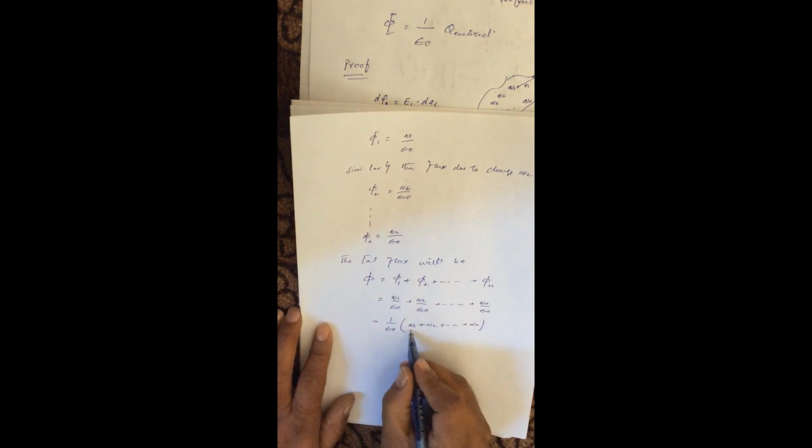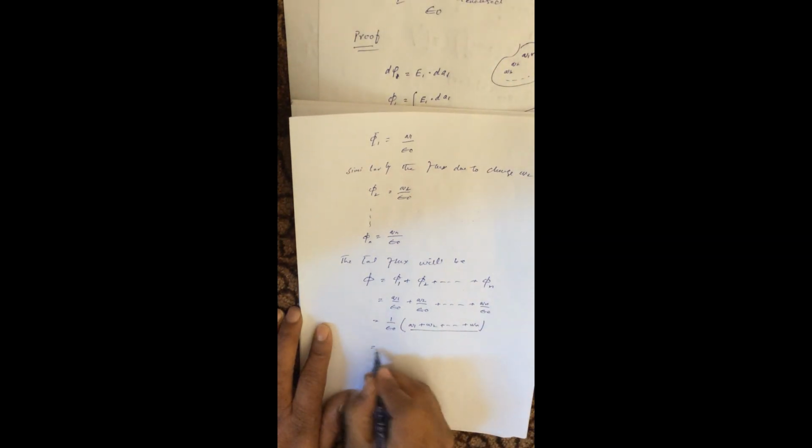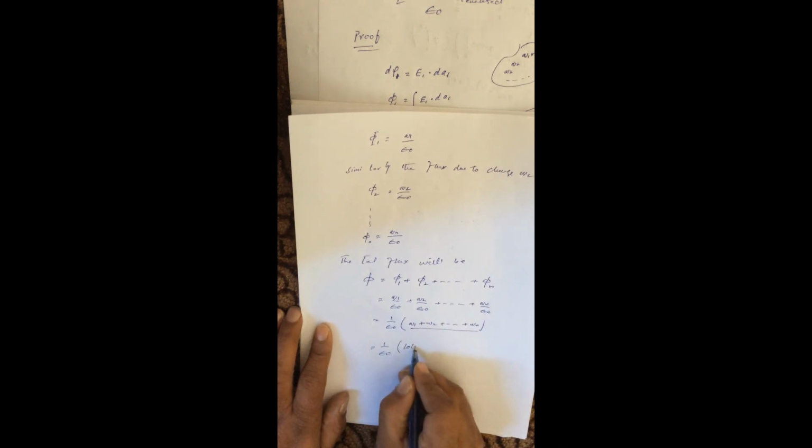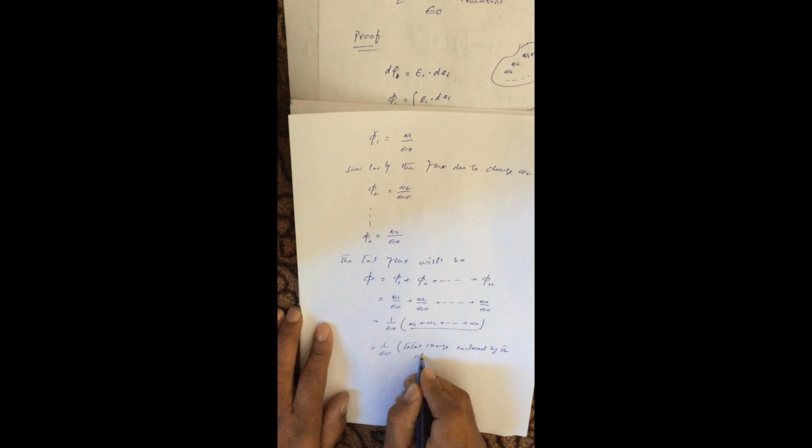We can write this as the total charge enclosed by this closed surface, Q1 up to Qn. So we have 1 over epsilon naught times the total charge enclosed by the closed surface.